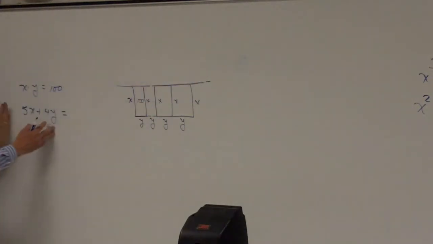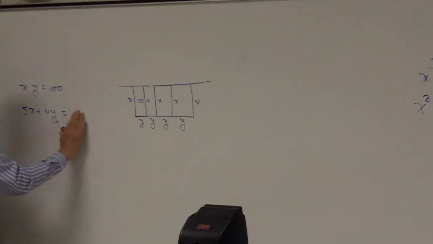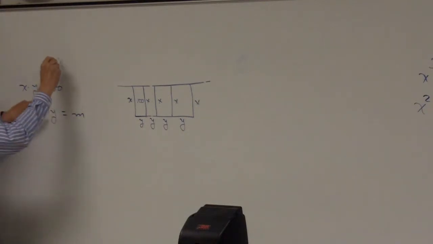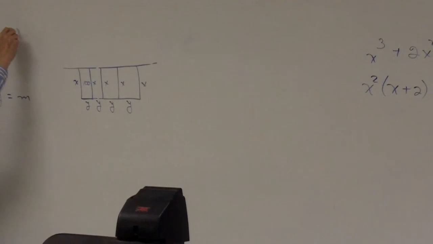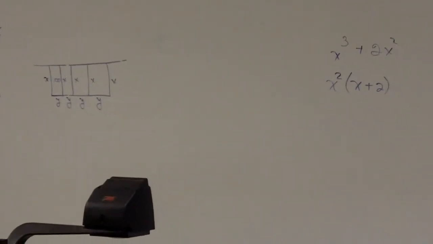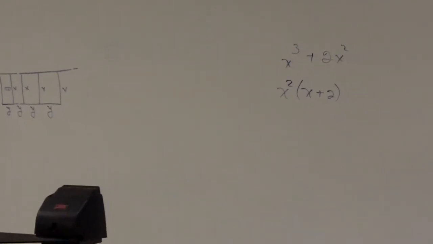And so we want to minimize that. At this point, we get y equals 100 over x. So we have here 5x plus 400 over x.